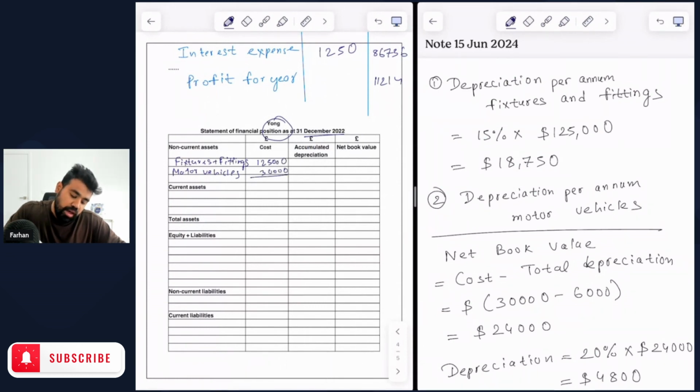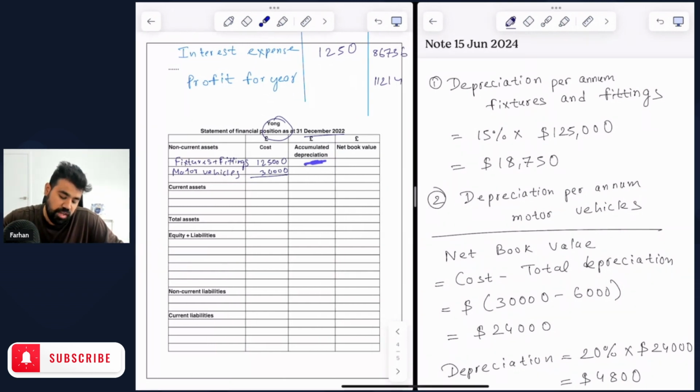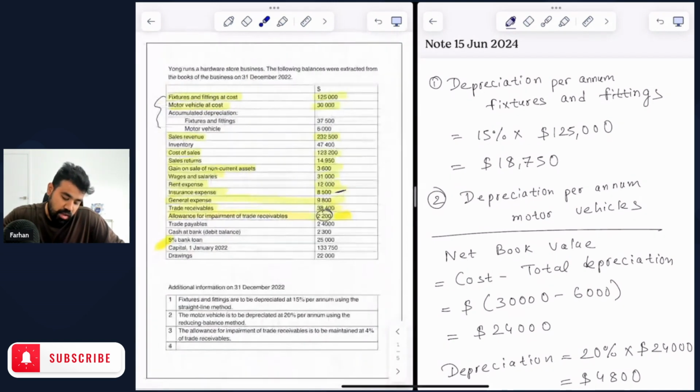Then we need the accumulated depreciation for either types of assets, which is also known as the total depreciation. So how do we find the total depreciation for fixtures and fittings and motor vehicles? You can see the accumulated depreciation that we were given for previous years.